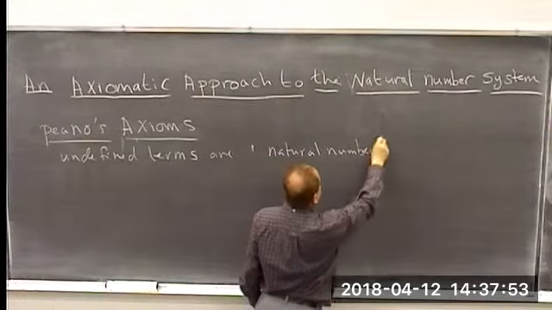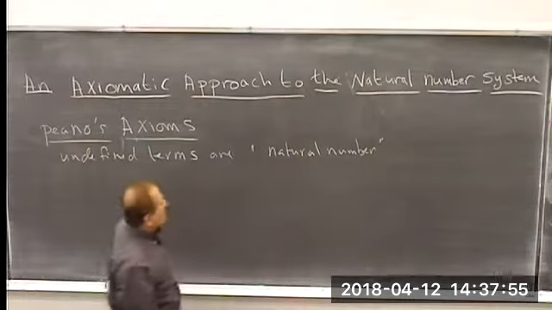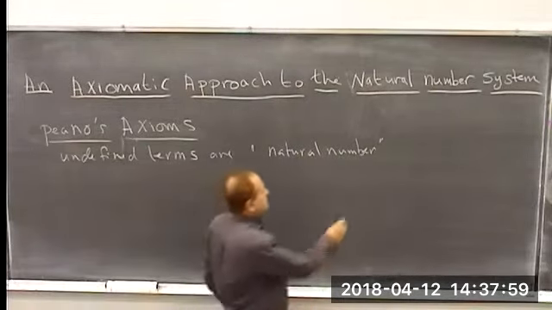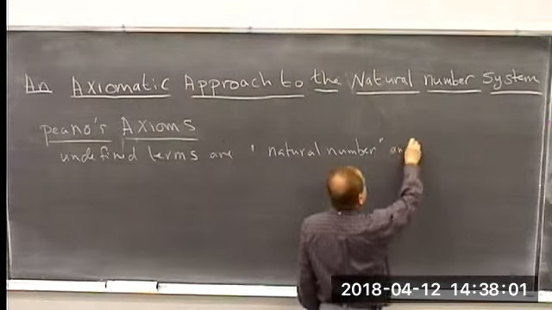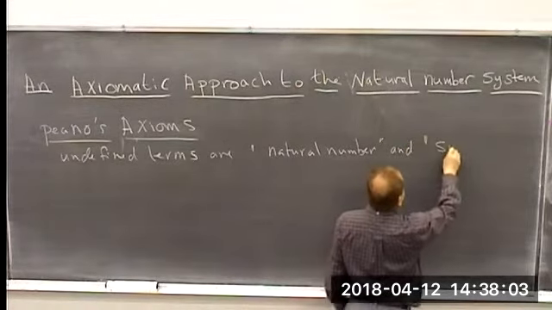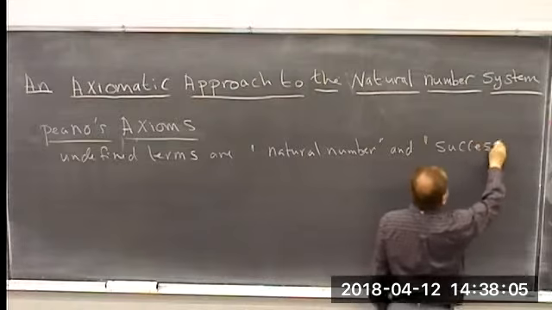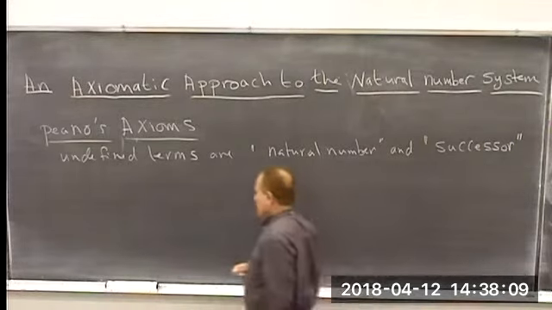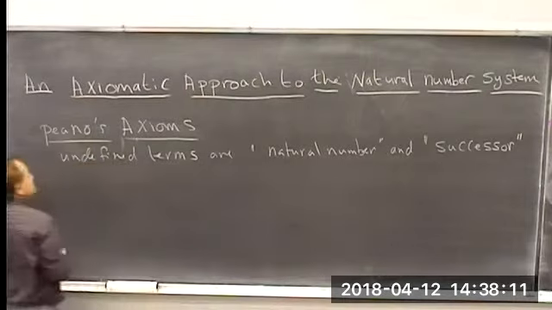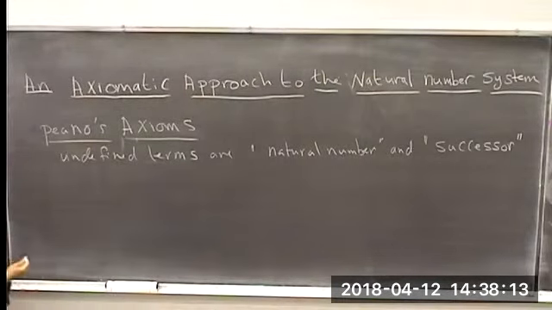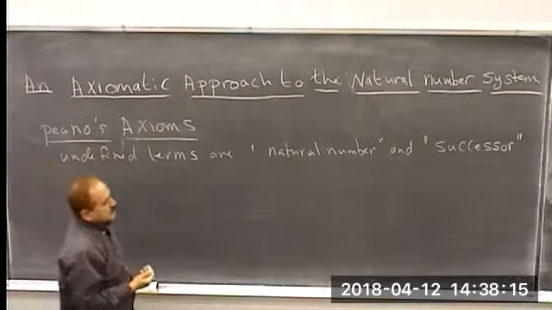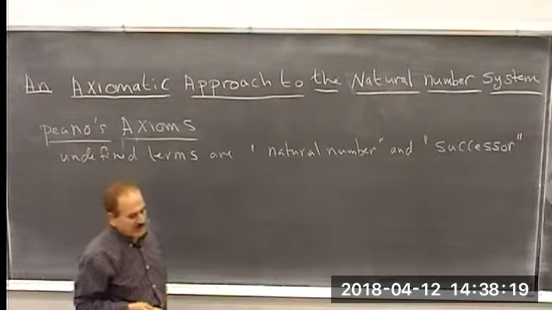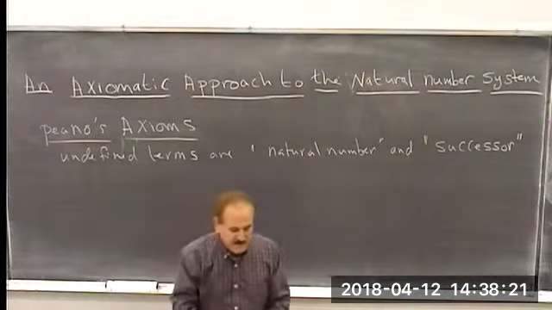I want to take this as an undefined term, and the term successor, which we're going to describe in terms that help us understand what it means. All right, but these are the 2 terms.